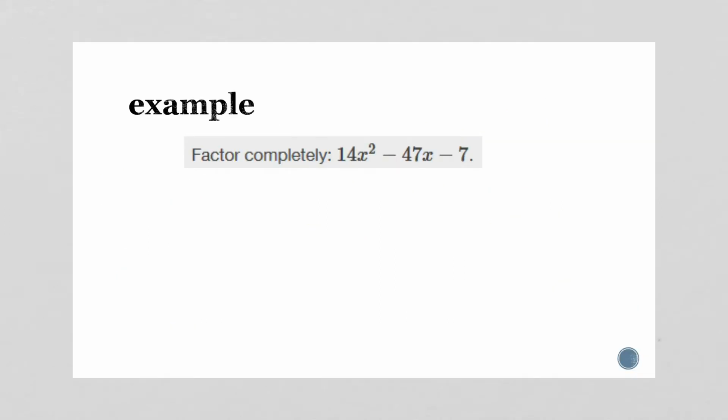All right, so again, the first thing you should do is ask yourself, can I pull anything out that they have in common? Is there a GCF? Well, there is for those two, but there's not for that one, right? So there is no GCF here. Now, if you'll remember from the last video, I told you over and over and over again to multiply the leading coefficient times the last term, okay?